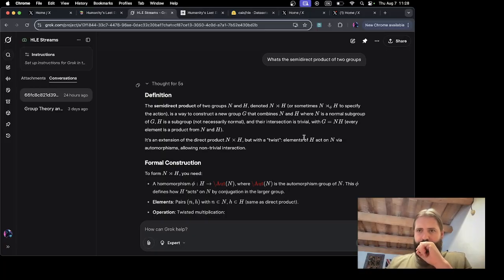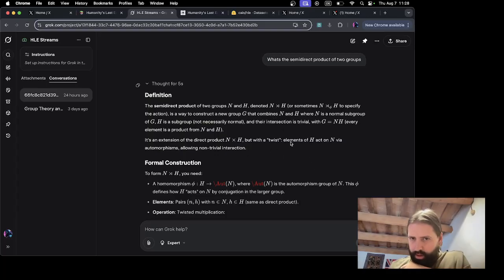To specify the action is a way to construct a new group G that combines N and H, where N is a normal subgroup of G, H is a subgroup, and their intersection is trivial.